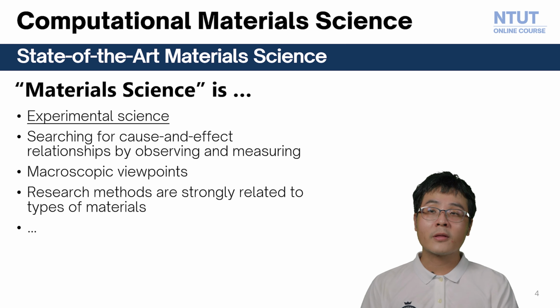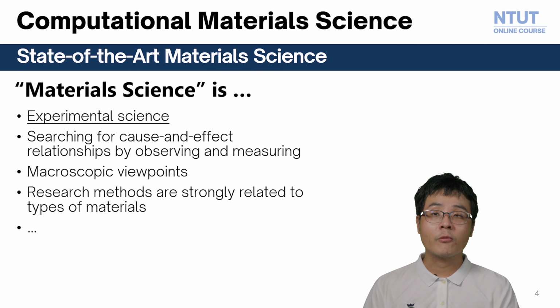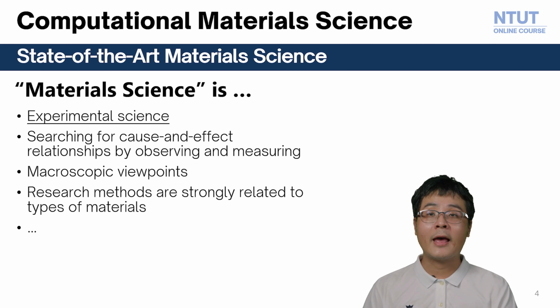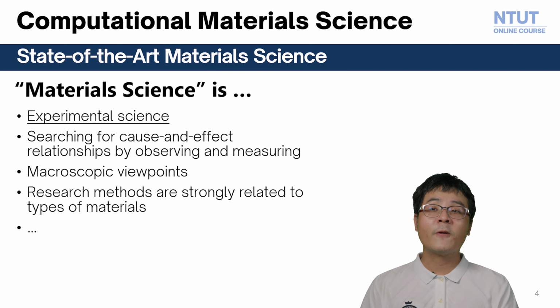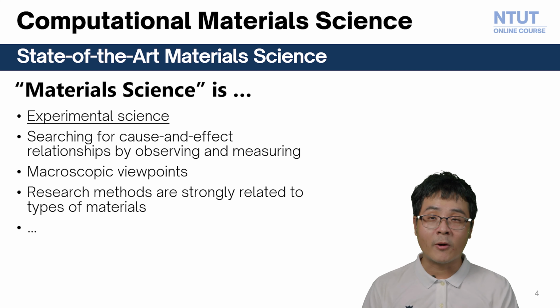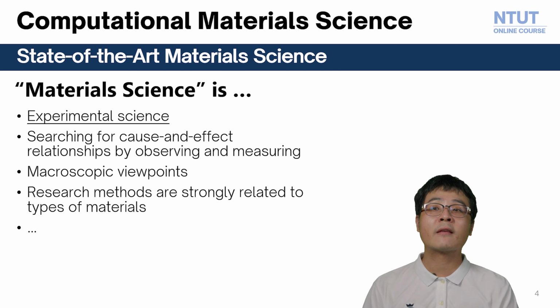For the research method of such experimental science, we typically search for the cause and effect relationship by observing and measuring. Any observable or measurable value is typically a macroscopic value, or we just view it from a macroscopic viewpoint.